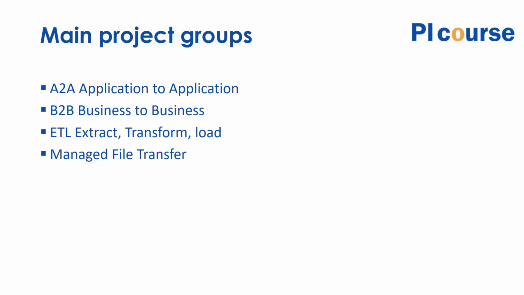So PI is primarily targeted at the two top ones, B2B and A2A, whereas it can do the other things, but it's not the main focus of the application, and there are other tools that are better suited for that. But for some scenarios, it might make sense to use these things.